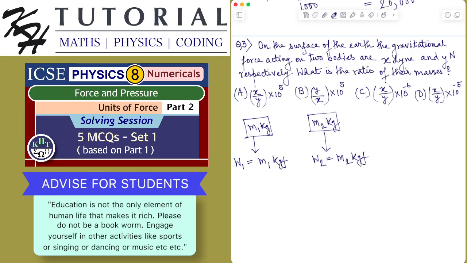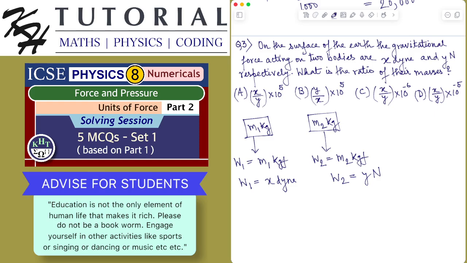It is said that on the surface of the earth the gravitational force acting on the two bodies, on the surface of the earth, the gravitational force is nothing but the weight of the body. So the gravitational force for the first body is given as x dyne, so I can say that w1 is given as x dyne and w2 is given as y Newton, and the problem has asked to find the ratio of their masses.